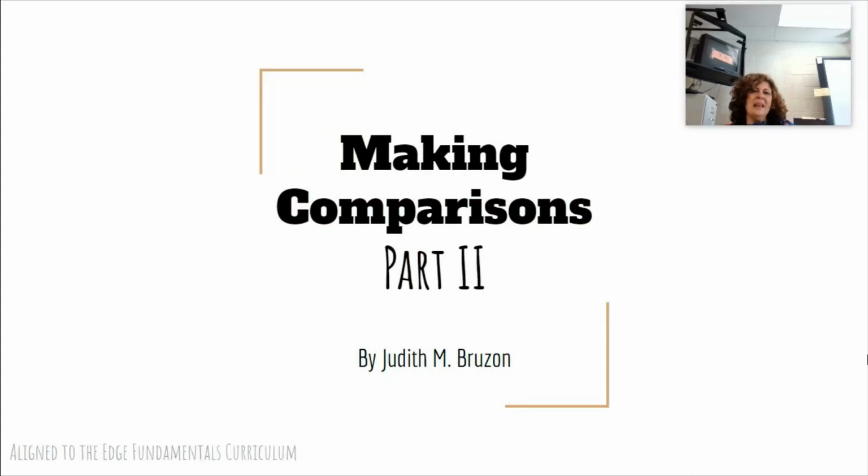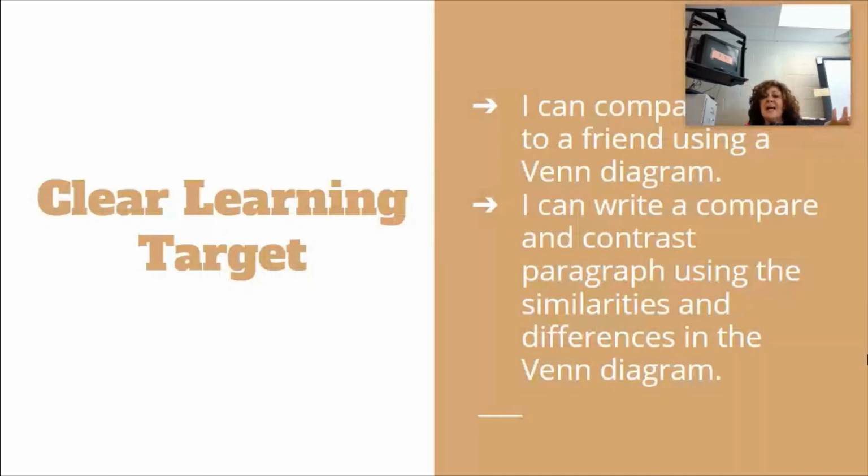Okay, well, as I mentioned just a little while ago, today's lesson is a continuation of the previous one. It's making comparisons part two. The reason that this is a continuation is because last time we compared ourselves to a friend using a Venn diagram.